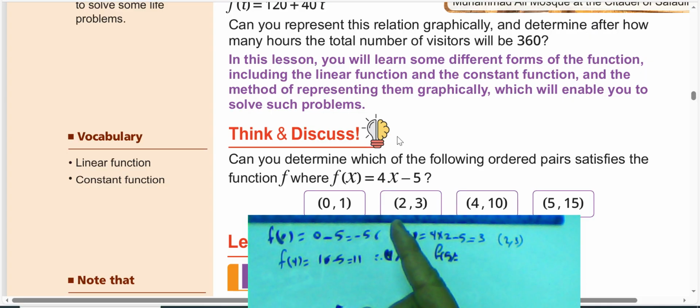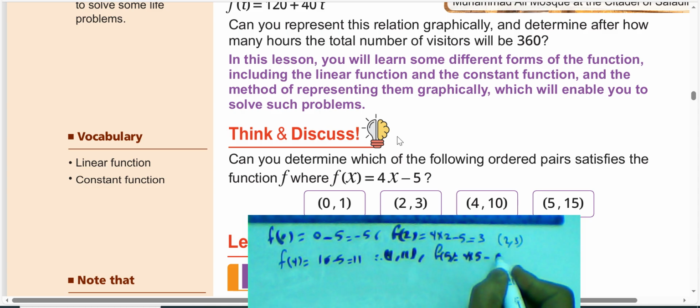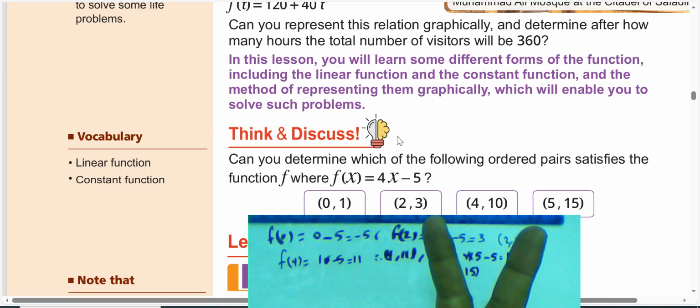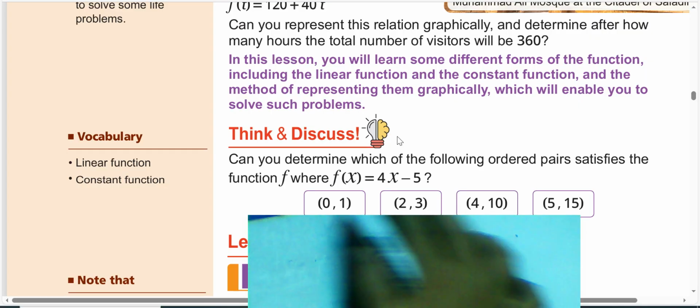Put 5 in the function: 4 times 5 minus 5. 4 times 5 is 20, minus 5 equals 15. The ordered pair 5 and 15 satisfies the function. Then 5 and 15 and also 2 and 3 satisfy, but 0 and 1 and 4 and 10 do not satisfy. Okay, next question.